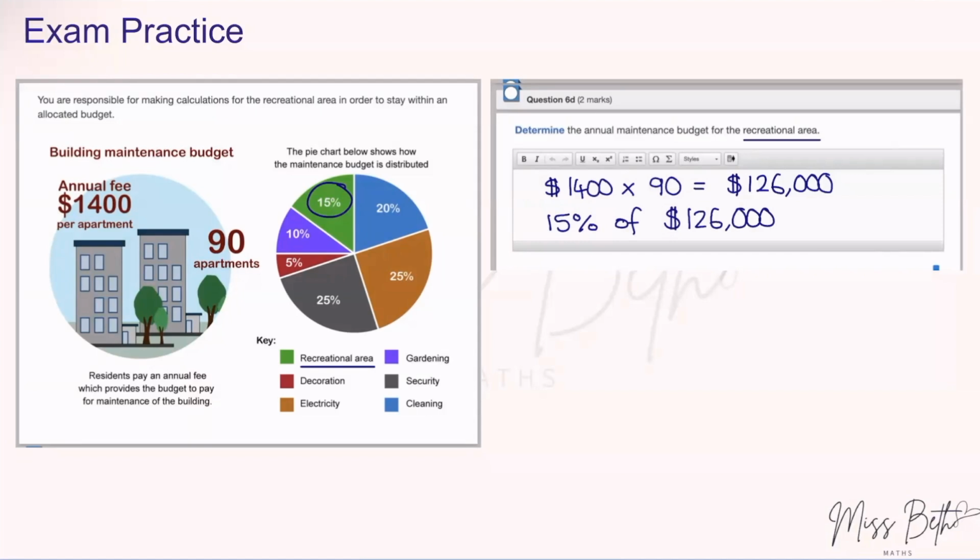Okay, so this is what I mean by this not being the best example. This is quite a straightforward question for you. You would just need to change it to a decimal or just use 15% on your calculator, but 0.15 multiplied by 126,000 and you would get a final answer of $18,900.